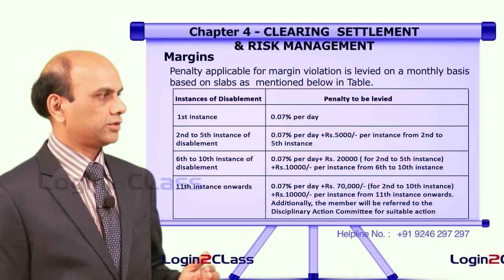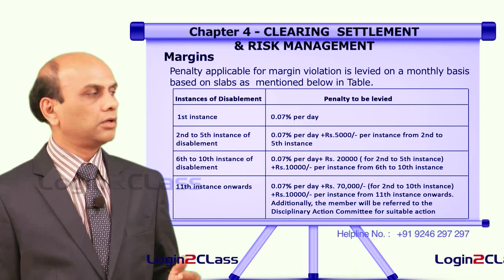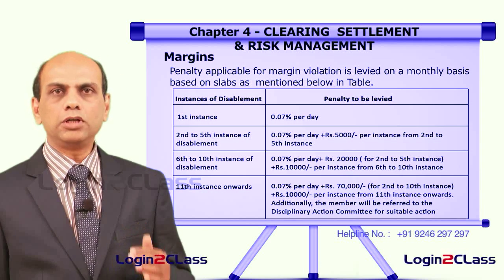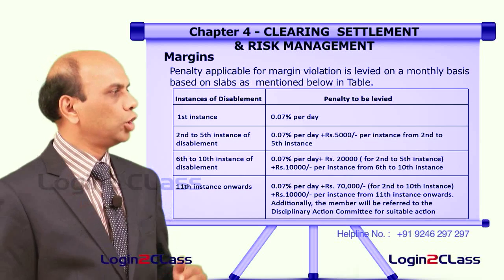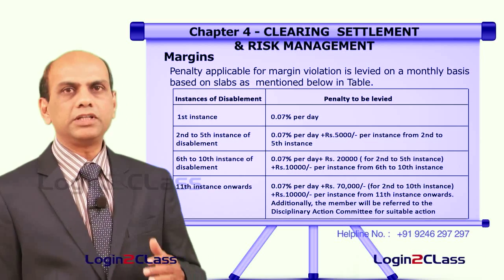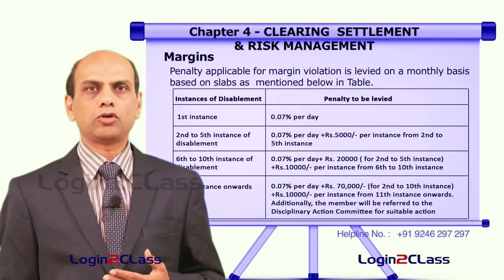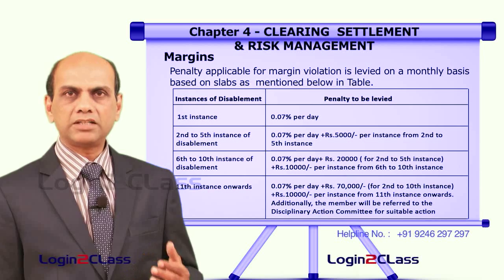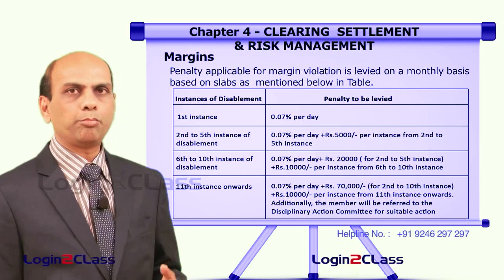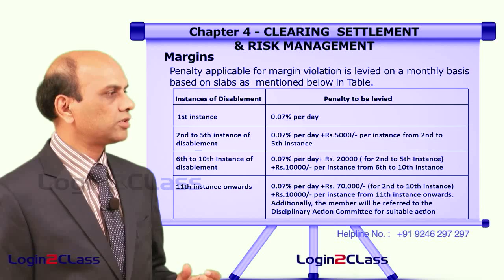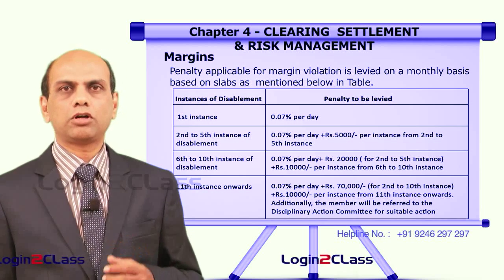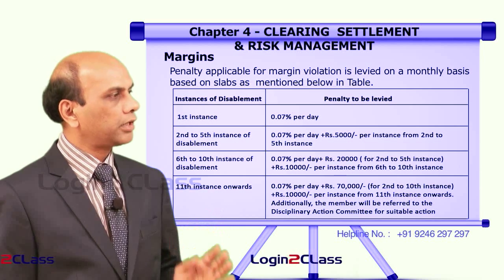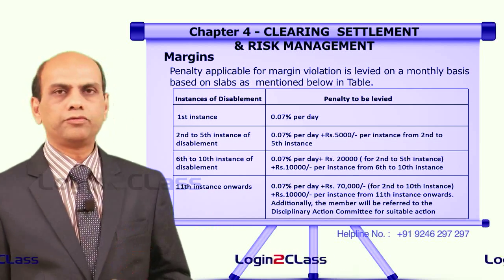For the first instance where the shortfall arises, 0.07% per day for the margin shortfall will be charged on the trading member. For the second to fifth instance of disablement, that means after disablement also, if the trading member is not able to fulfill the obligation of margin payment, then what is the penalty that is charged? 0.07% per day for the margin shortfall that is not paid, plus additionally 5,000 per instance from second to fifth instance.